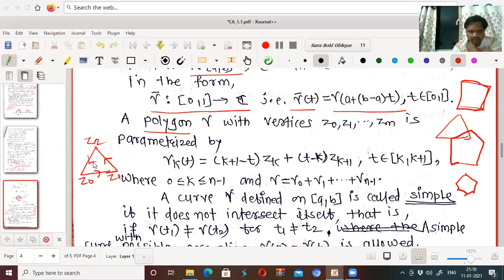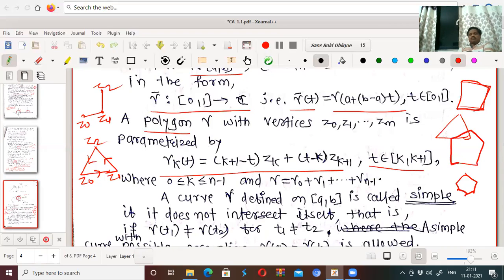Or only this one, z0, z1, z2, whatever you want. This is also a polygon, having a number of sides. A polygon gamma with vertices z0, z1 up to zn is parameterized by gamma k at t is equal to (k plus 1 minus t) into zk plus (t minus k) into z(k plus 1), where t belongs to k to k plus 1.